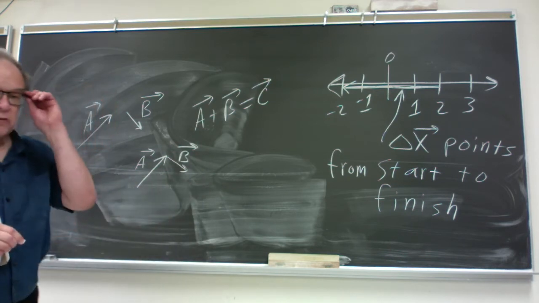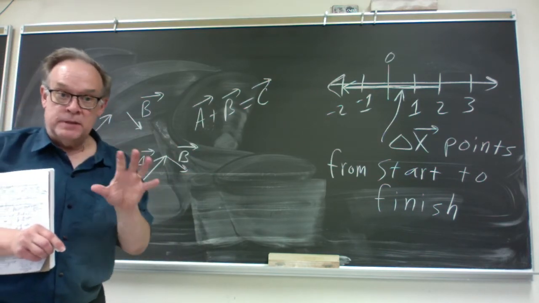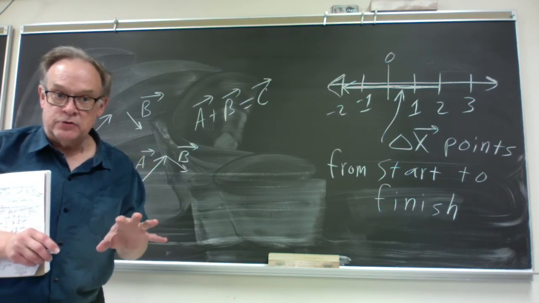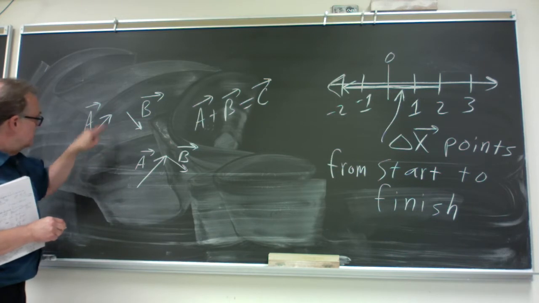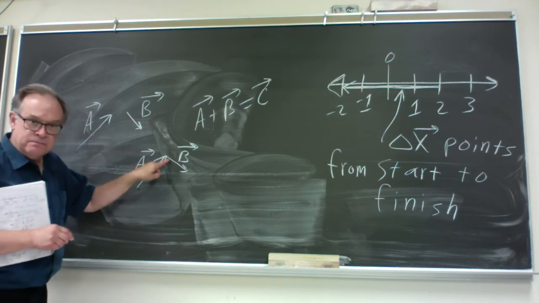And that makes sense if you think about A and B as themselves displacement vectors. A would be a displacement that took you from here to here.